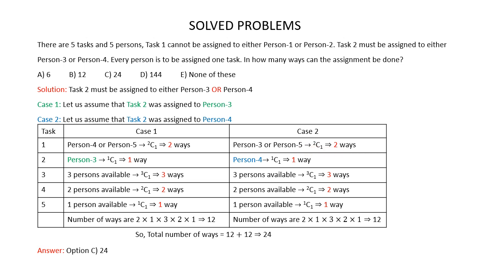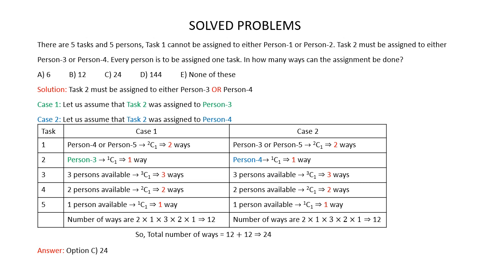Now that one person has been selected for task 1, one person has been selected for task 2. Now for task 3, only 3 persons are available. So for task 3, one person has to be selected from these 3 persons, and this can be done in 3C1 ways, which is nothing but 3 ways.